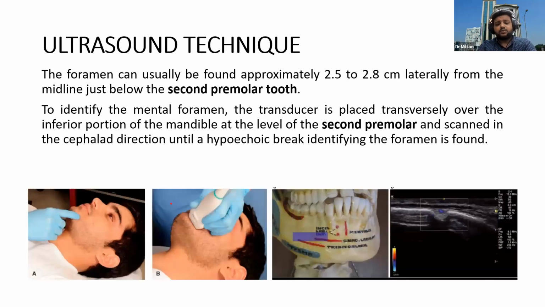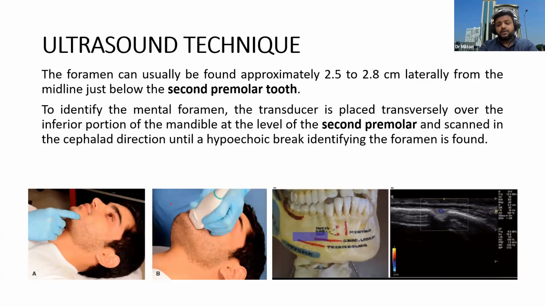So the technique is also the same. It is almost 2.5 to 2.8 centimeters lateral to the midline, corresponding to the second premolar tooth. To identify the mental foramen, the transducer is placed transversely over the inferior part of the mandible at the level of the second premolar and scanned in the cephalic direction until the hypoechoic break identifies the foramen.